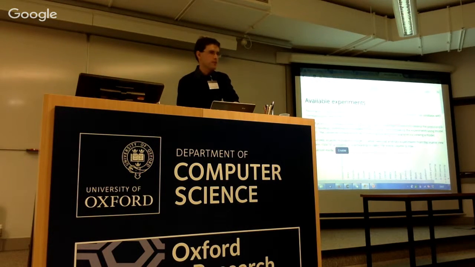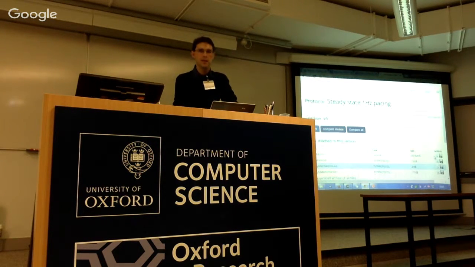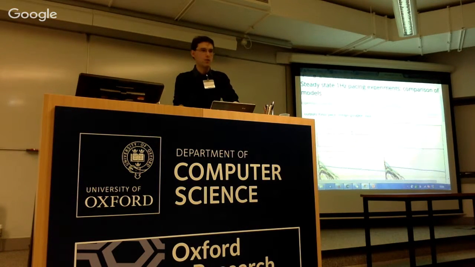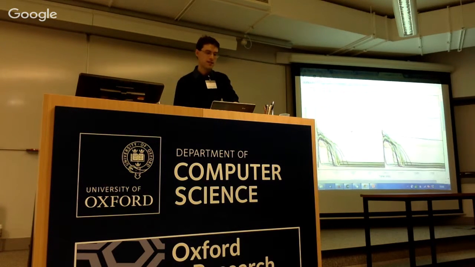One of the most powerful features of the system is that it lets you pair experiments. So if we take just steady state 1 Hz pacing, the simplest you can do, we've got here a compare models option, where we can select particular models we want to compare, or a shortcut to just compare all the models on which this protocol has been run. You see the standard result graph for that protocol, but all the models are now overlaid.